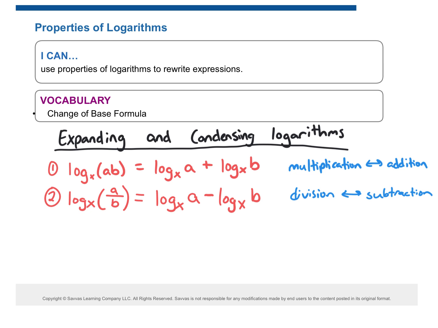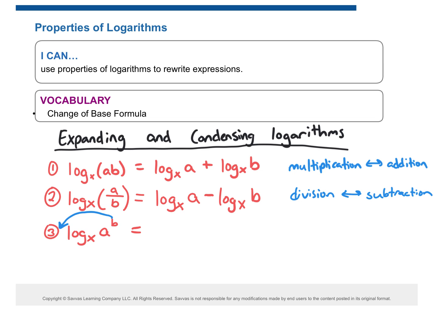Okay. And then there's one more to talk about, and that is when we have an exponent involved. So if I have log base x, this time I'm going to go A to the B power. What is the B right now in what I just wrote? It's an exponent, right? That B right now is an exponent. What's kind of cool with these, what happens to that exponent when we rewrite this or expand, okay, it is going to come to the front. That exponent moves to the front of the log.